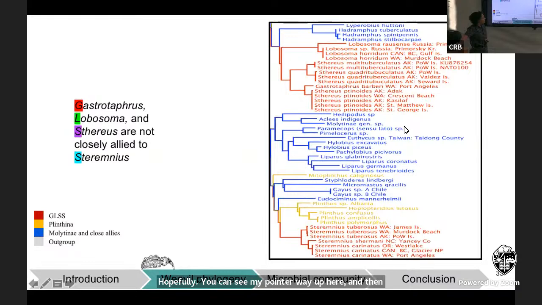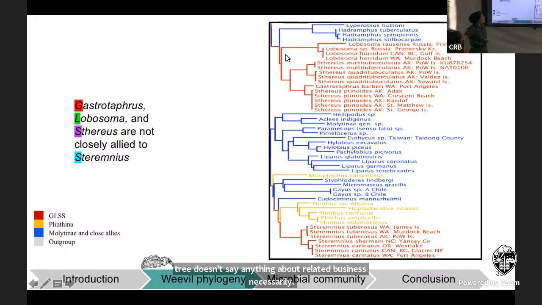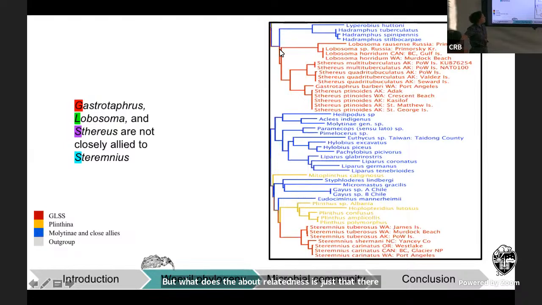Now, just the distance on the tree doesn't say anything about relatedness necessarily, but what does say something about relatedness is that there are many clades of other weevils that come between Gastrotaphorus, Stereas and lobosoma, and Stremius, which is way over here. So there's lots of stuff going on in between that would imply to us that they're not one singular clade. Stremius doesn't belong with Gastrotaphorus lobosoma and Stereas.